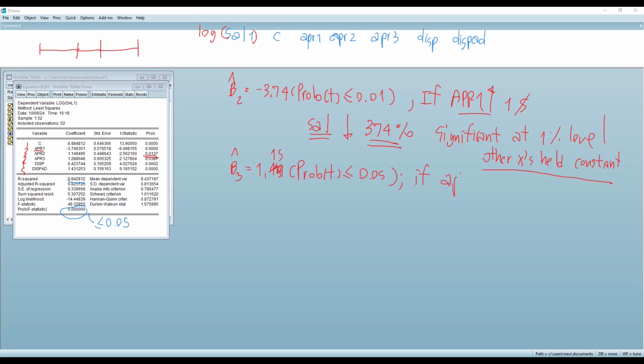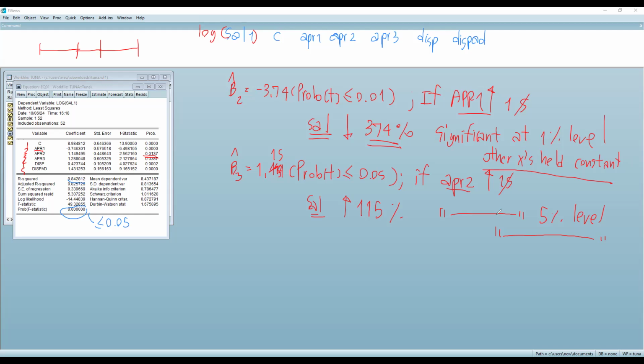Yeah, this is the competitor price, your competitor. Significant at 5%. Yes, and the constant. Does it make sense? Why does it make sense?